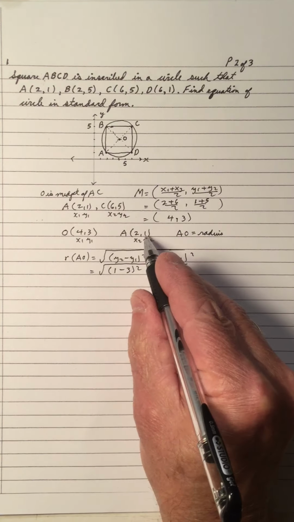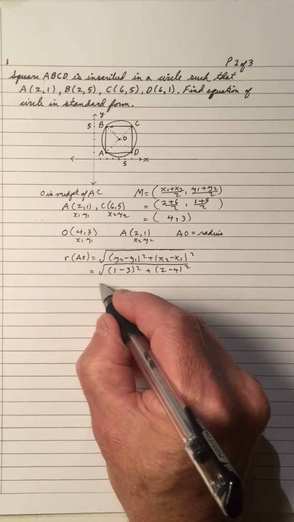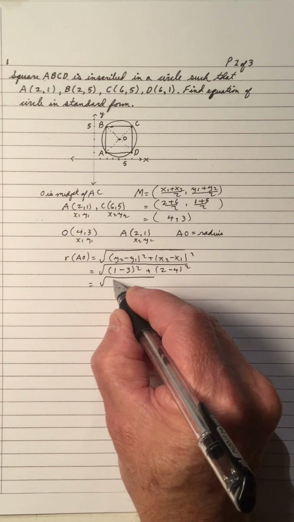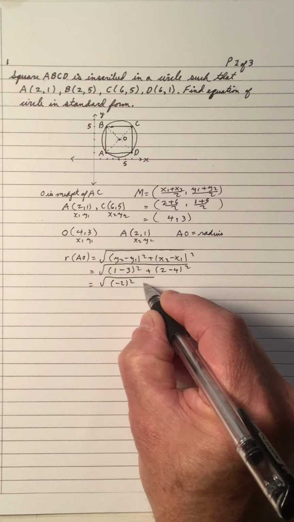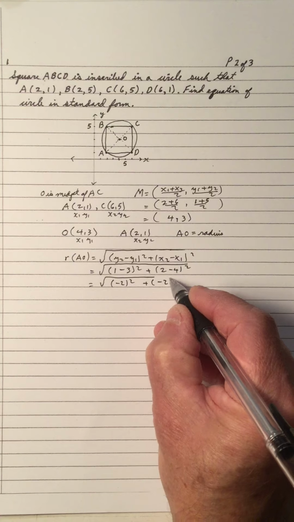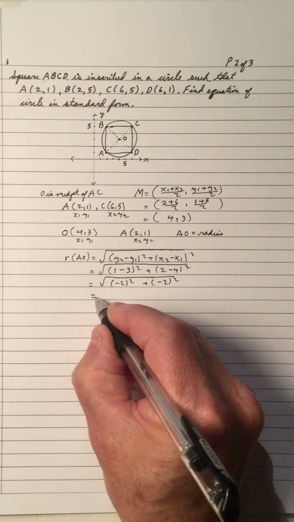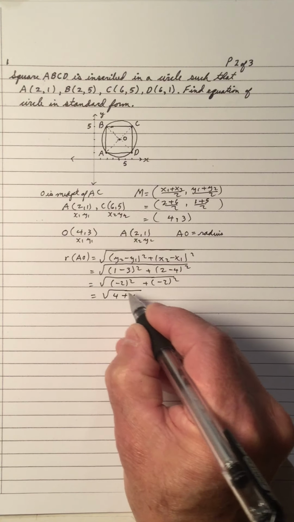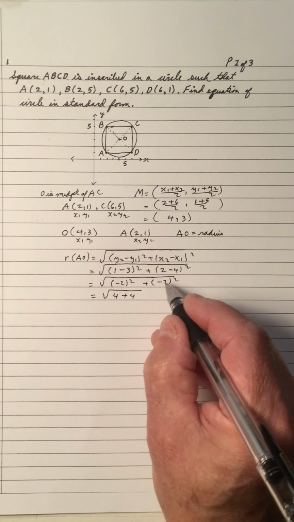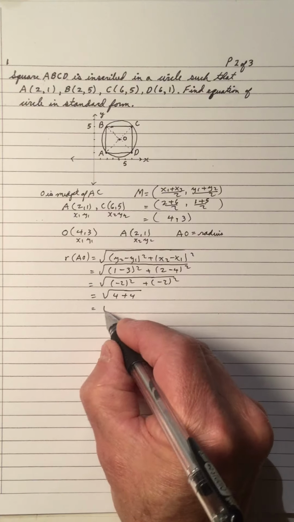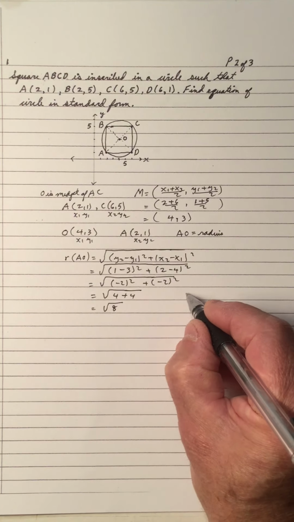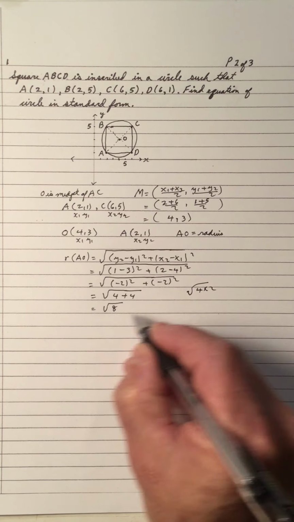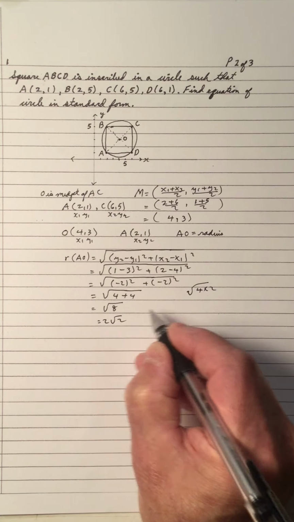So 1 minus 3 is negative 2, squared is 4, and 2 minus 4 is negative 2, squared is 4. That's the square root of 8, and the square root of 8 is the square root of 4 times 2, so it's 2 root 2.